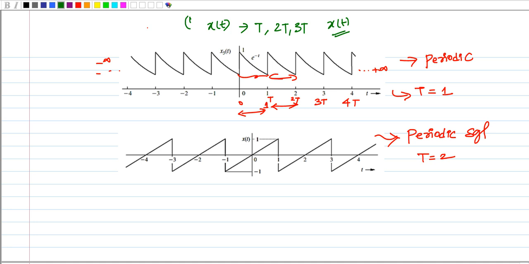The second property is that the area under any one interval remains the same for any other interval. For example, if we integrate from 0 to T, we get some value. That value is equal for the interval from T to 2T, and again from 2T to 3T. This is the second interesting property of a periodic signal.